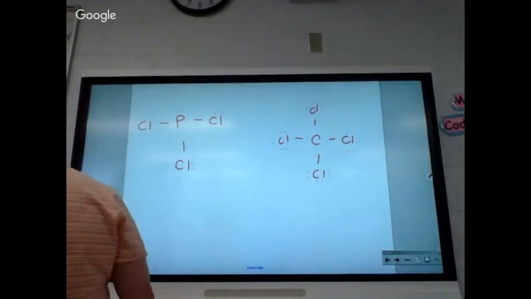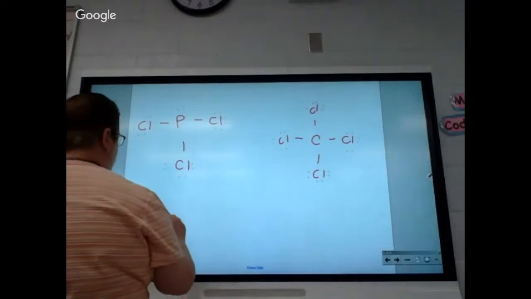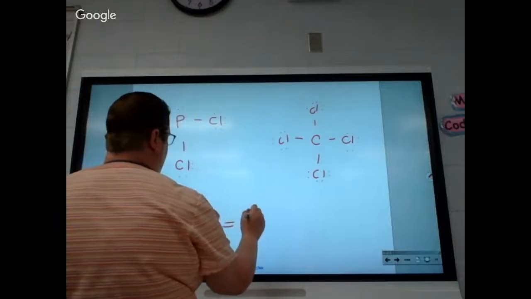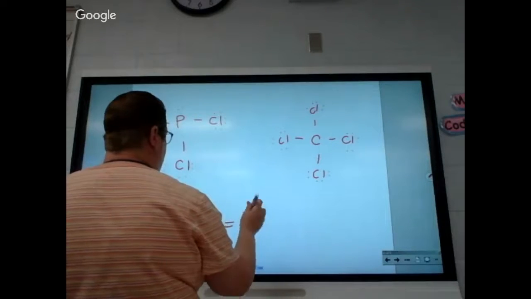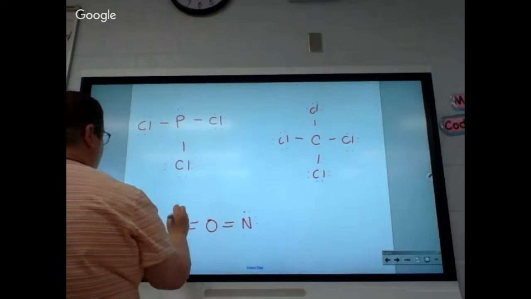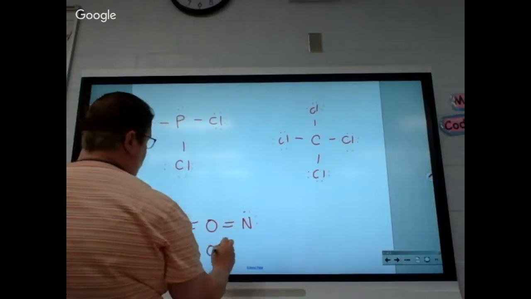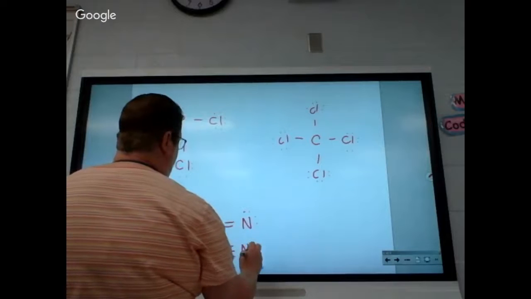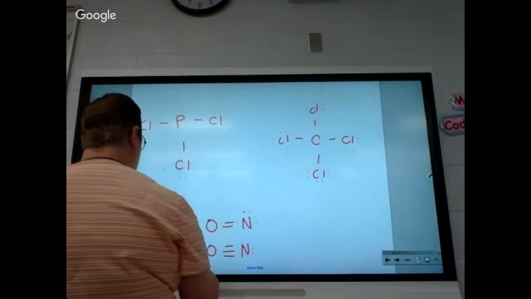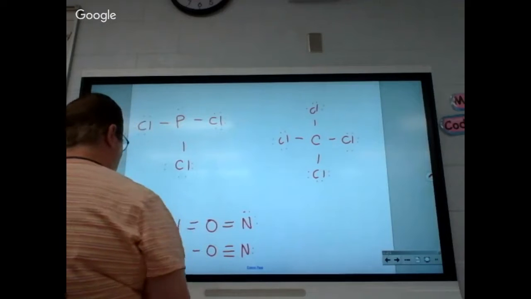N2O is what? 16 electrons? Yeah. You can draw it like that, or you can draw it like that.